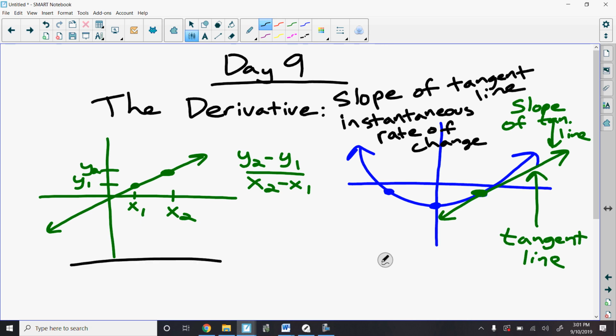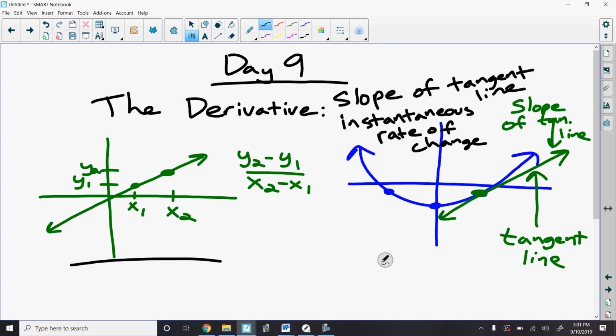However, in this linear function, the rate of change is the same consistently across the entire line. With the blue parabola there, the rate of change is different depending on which x value we look at. So we talk about an instantaneous rate of change, the rate of change at that instant for that very particular x value. Whereas on a linear function, the rate of change or the slope is the same everywhere.